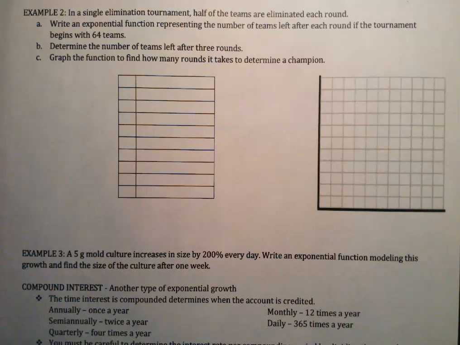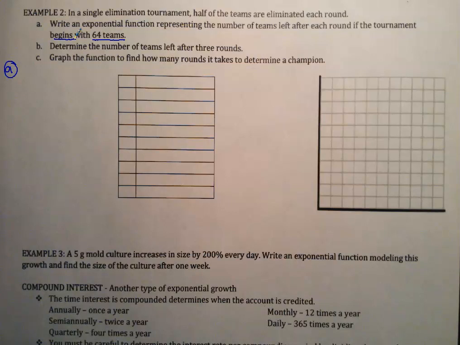And C, graph the function to find how many rounds it takes to determine a champion. I've got the table there and the graph for C, but we need to do A and B first. All right, so write an exponential function representing the number of teams left after each round if the tournament begins with 64 teams. If it begins with 64, that's our A value.